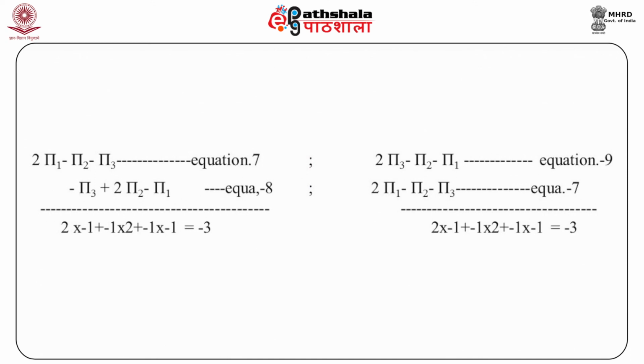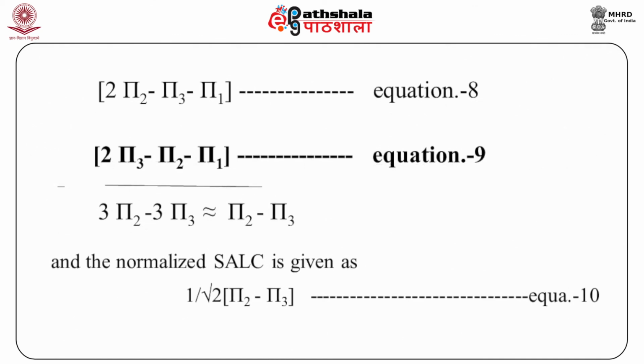For this, let us check, and by checking we find that we are not getting the right SALC. So we take the SALCs given by equations 8 and 9 which are orthogonal to the SALC given by equation 7.